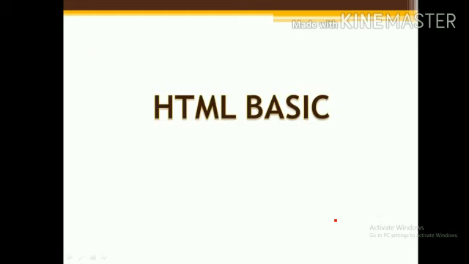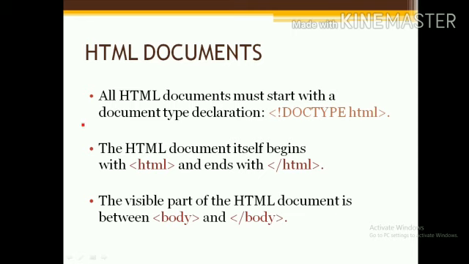Now what are the basics of HTML? All HTML documents must start with a document type declaration, that is your doctype html. So this is your starting. This is going to tell you your file has been saved in a document type. The document type is HTML.